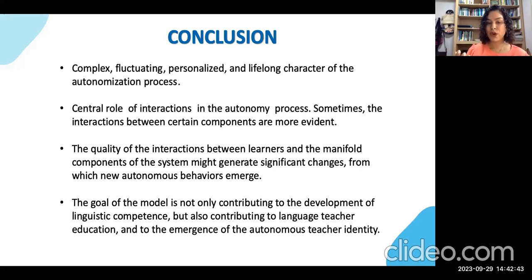In Brazil, Nicolaides, who also researches autonomy, has used the model with her learners at university in Rio de Janeiro. Then it would be interesting if other researchers, not only in Brazil, but in different cultures, may use the CDMA model. It would be interesting to observe what emerged in different cultures.